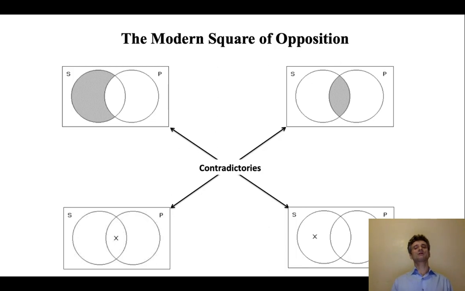The contradictory relationship still remains. However, if we are dealing with entities that do not exist, according to the traditional square of opposition, even the contradictory relationship would disappear, because think about it.